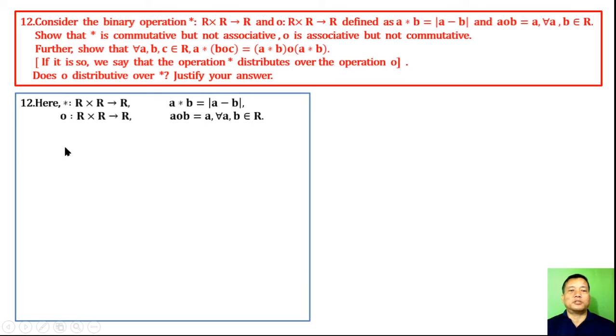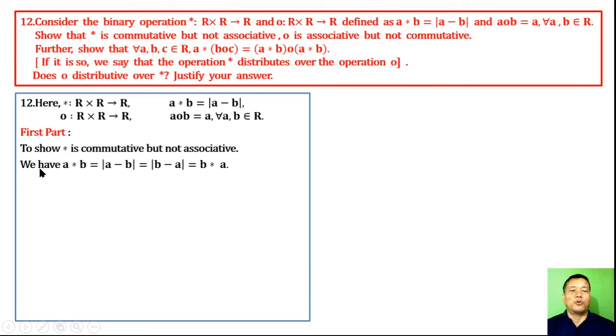Assume the function table. First part: is asterisk commutative? We have A asterisk B given as modulus of A minus B, which is again modulus of B minus A, which is B asterisk A. Since A asterisk B equals B asterisk A, asterisk is commutative.